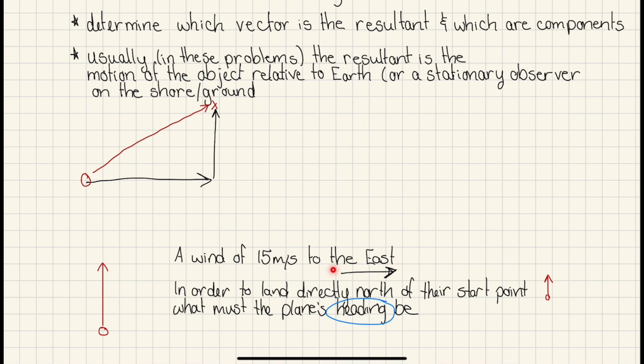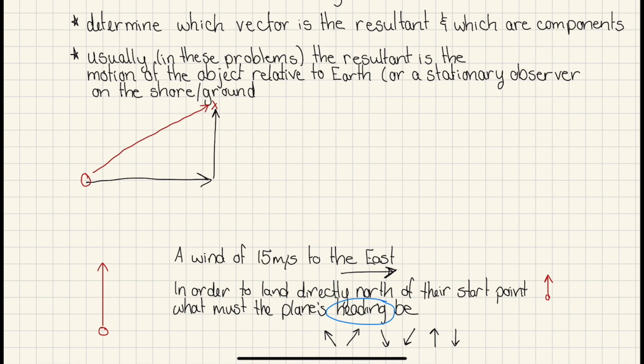One is the wind that's already been described to the east. And now we're aware of what the other component is. The other component is going to be the plane's heading. So which way does the plane need to point? This way, this way. There can be a whole bunch of combinations. Or maybe they just need to point directly north or directly south.